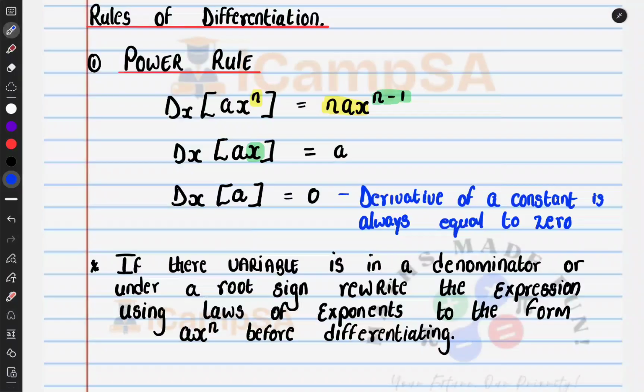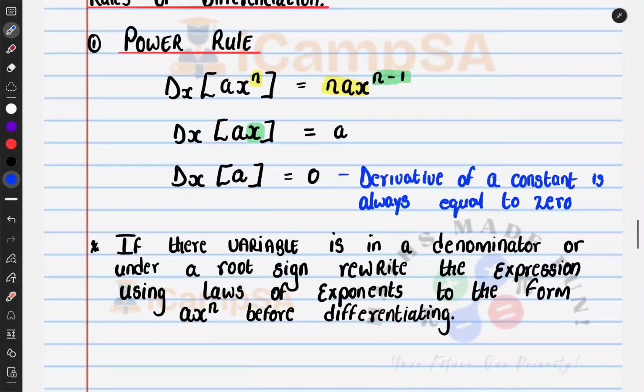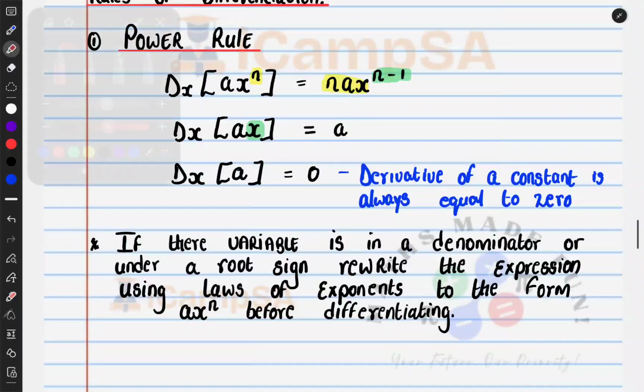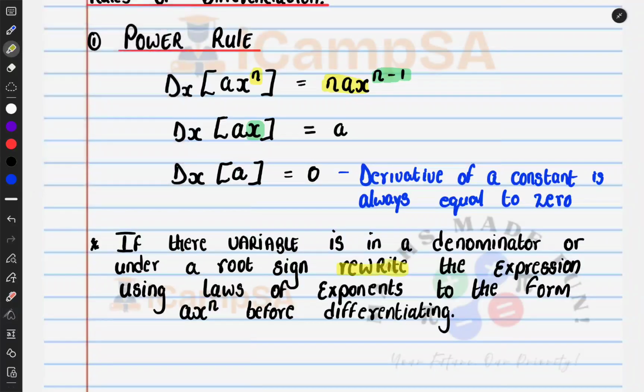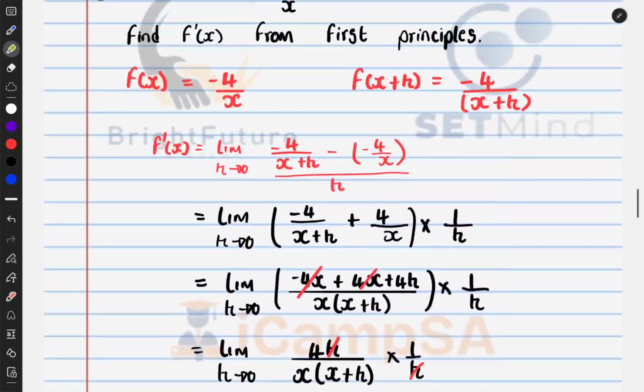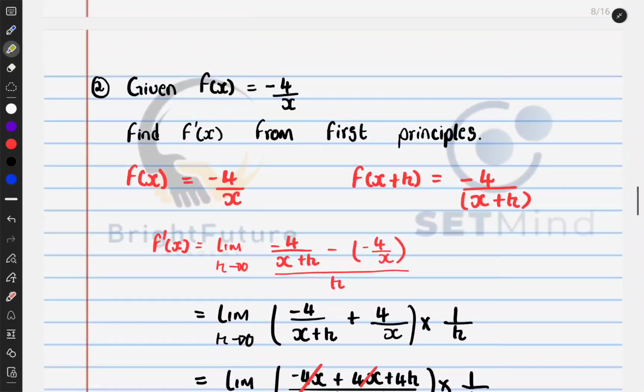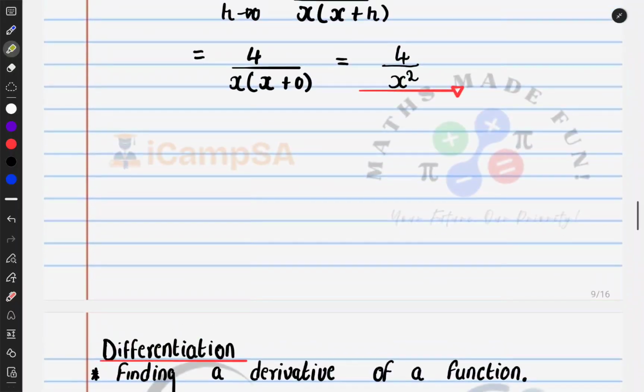And another thing to take note of, if the variable is in the denominator or under a root sign, I think I've already mentioned that, we must first rewrite the expression using the laws of exponents to the form of x to the power of n before we differentiate. That is what I wanted to do here, but then I remembered that we are deriving from first principles.